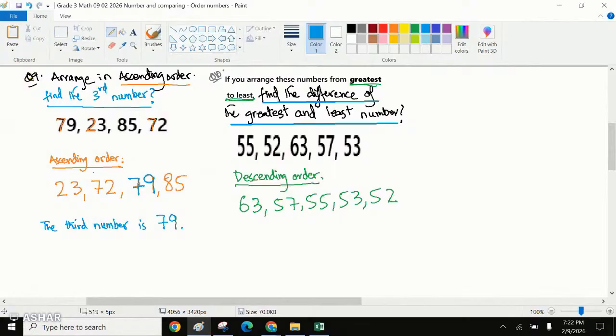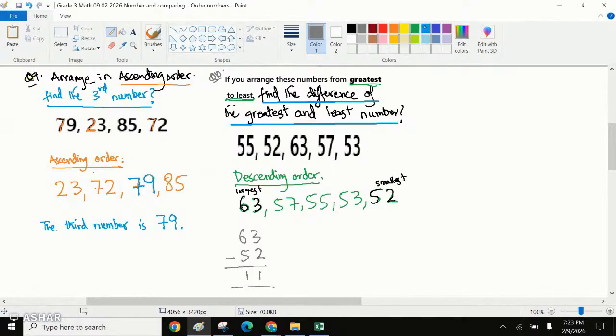No, we are not finding the greatest number. We are finding the difference. That means subtract. So what is the largest number? This was the largest, right? 63. What was the smallest number? This was smallest. So we have to find the difference between the smallest and the largest. That means if we subtract 63 minus 52, 3 minus 2 is 1 and 6 minus 5 was 1.